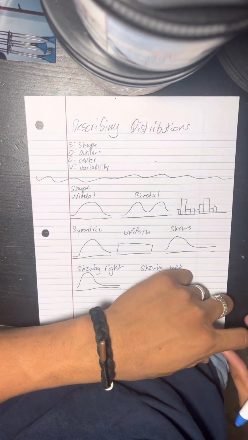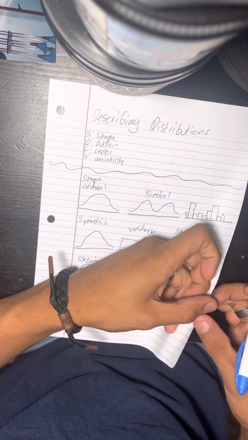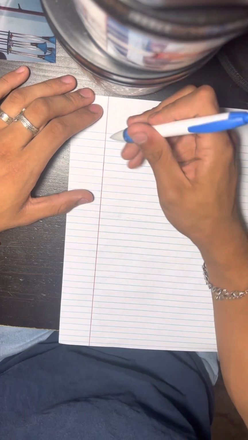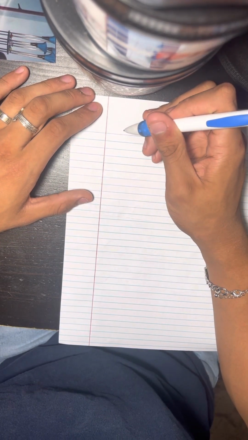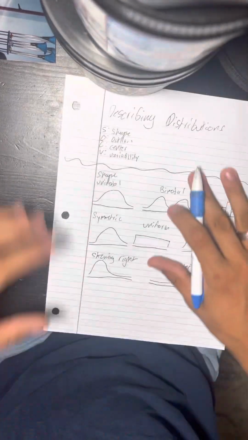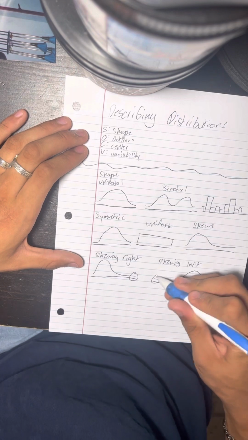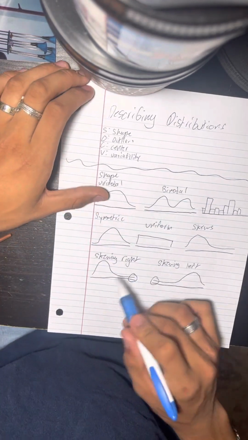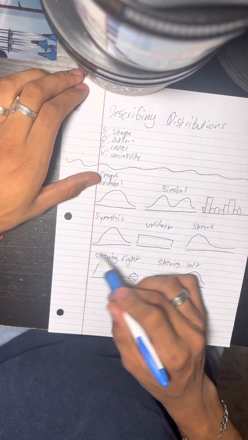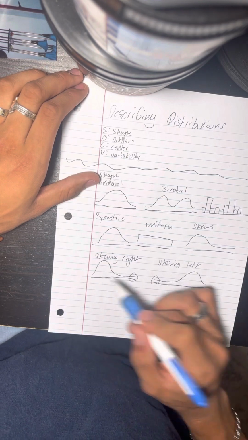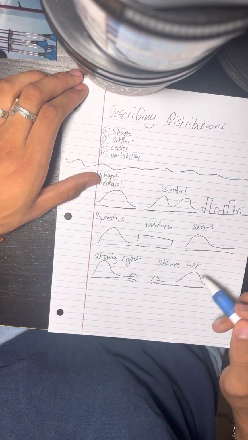Next, we will discuss outliers. I'll turn the page. Actually, I'll do it on this side. An outlier will be like the values that are out here, because the majority of your values are right here. That's your distribution.